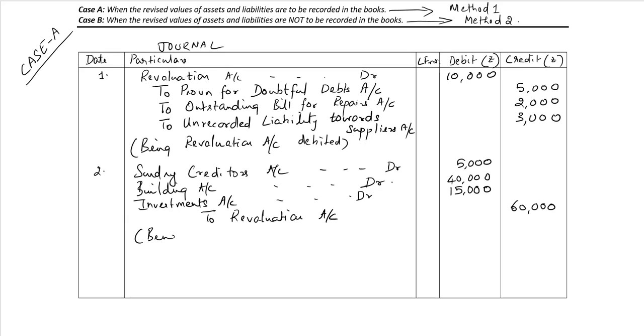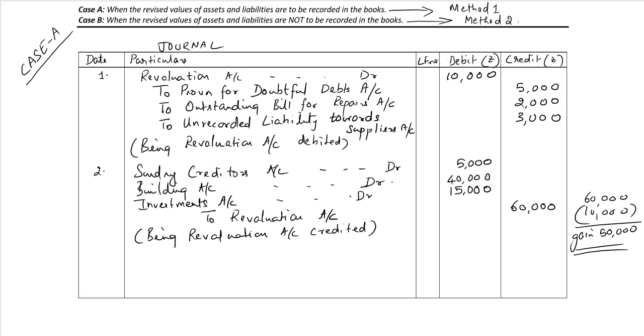Being revaluation account credited. We have credited revaluation account with rupees 60,000. The total of the debit is rupees 10,000. So we are left with a gain of rupees 50,000.